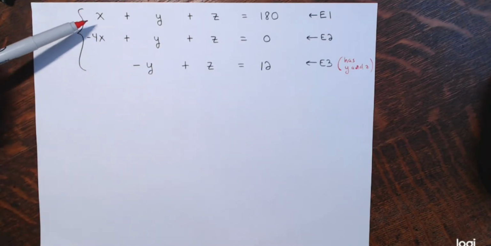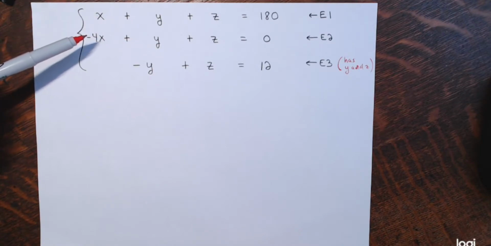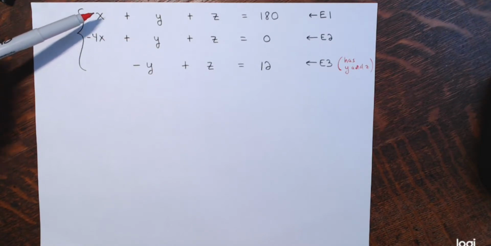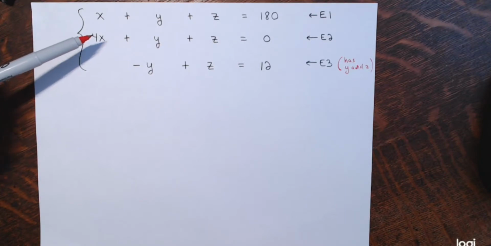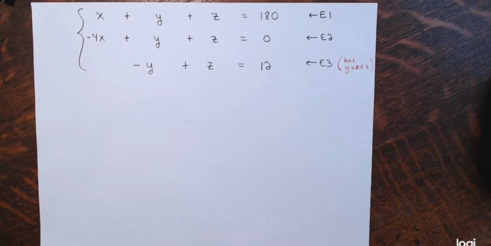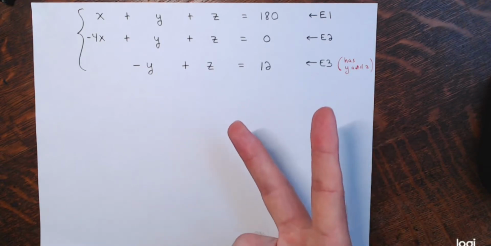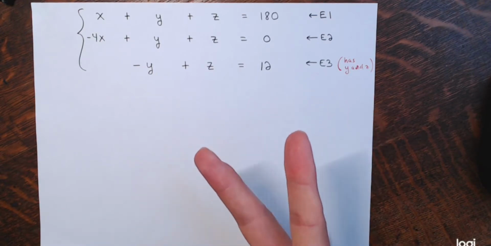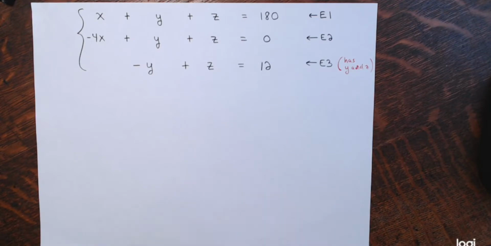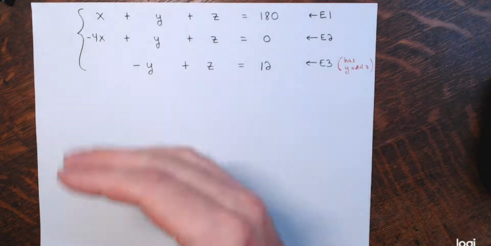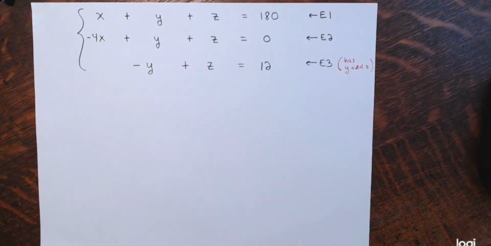I want to take the first two equations and eliminate x's. Because if I eliminate the x's from the first two, I'll have another equation with y and z. And then I'll have two equations with two variables, y and z, and you should be able to solve two equation, two variable systems, finding the value of y and z, and then I go back to one of the original equations with x and solve for x.